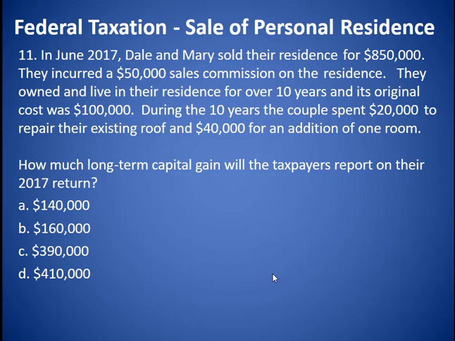They owned and lived in their residence for over 10 years, and its original cost when they purchased it was $100,000. During the 10 years, the couple spent $20,000 to repair their existing roof and $40,000 for the addition of a room to the residence.